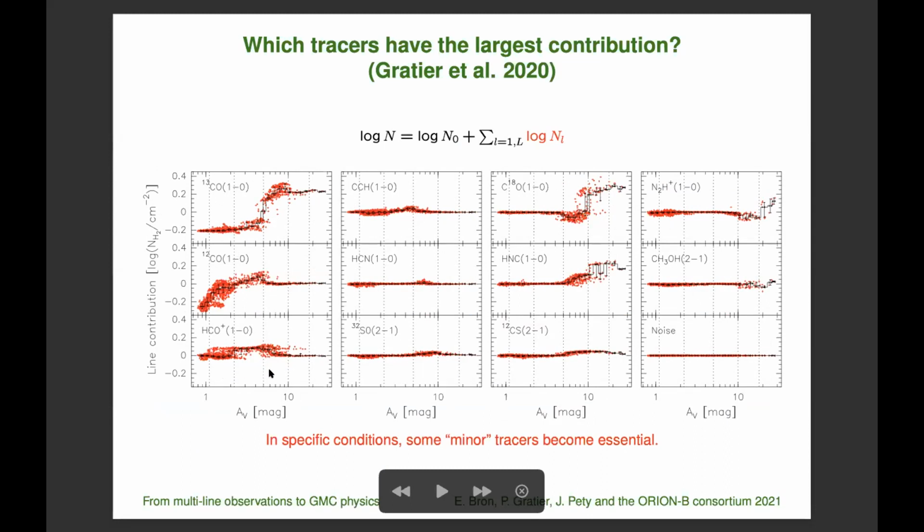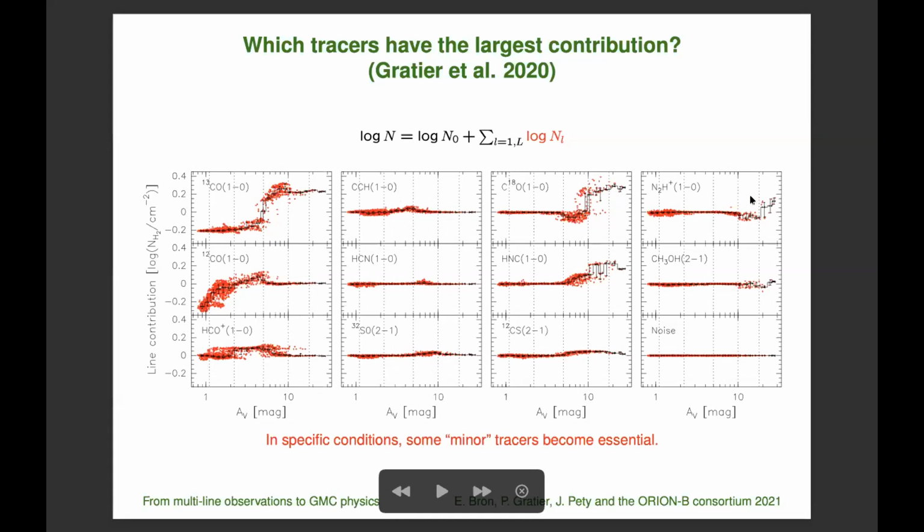At the left, you see the lines that contribute to lower AVs, from 1 to a few, so this is the contribution to the most diffuse gas. Then you get lines with contributions between about 6 and 10, so intermediate translucent gas. And then you get contributions to AVs higher than 10, so C18O, HNC.